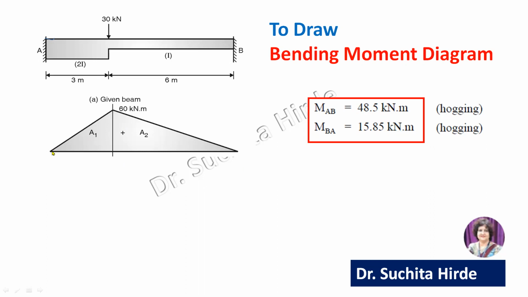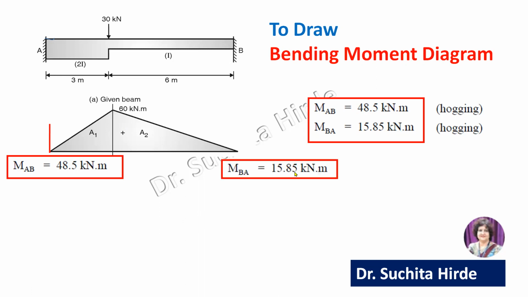For this, at A we draw 48.5 kilonewton meter like this. Then at B, we draw 15.85 like this. And then we will join this. After joining, this red diagram is a negative diagram, whereas this ash color diagram is a positive diagram.